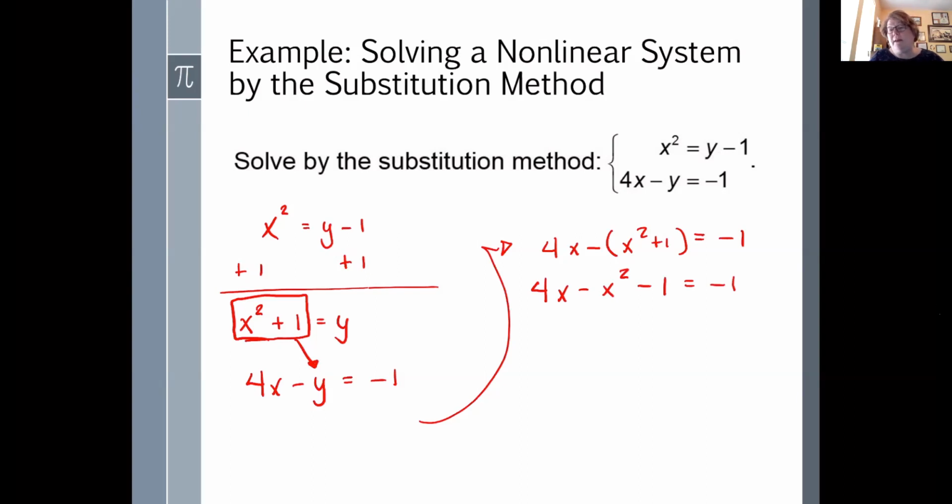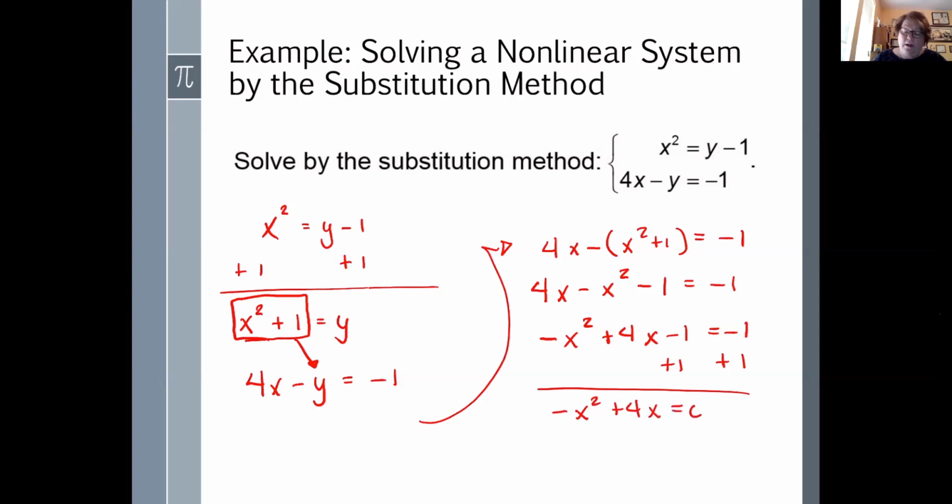And this is a quadratic equation. So I need to get it in standard form so I can solve it either by factoring it or using the quadratic formula. So I'm just going to rearrange, and I'm going to add 1 to both sides. All right, so this is a quadratic equation I can solve by factoring.